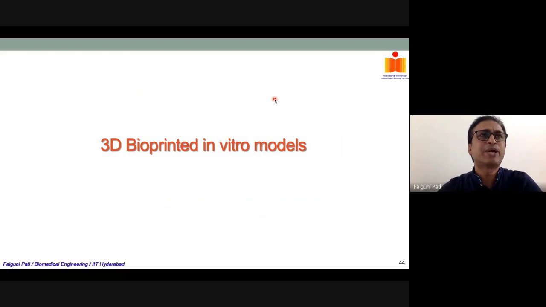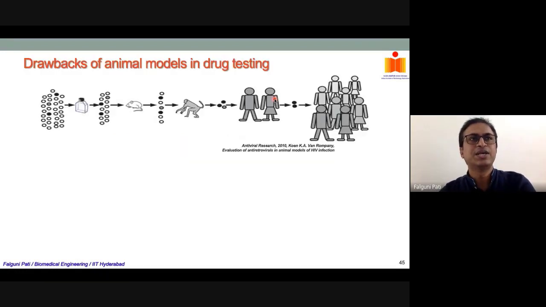Now, the next part of my talk is to discuss another very important application, that is in vitro models. For drug screening, in vitro models have to be used, because the drug discovery process starts with the identification of various lead molecules.